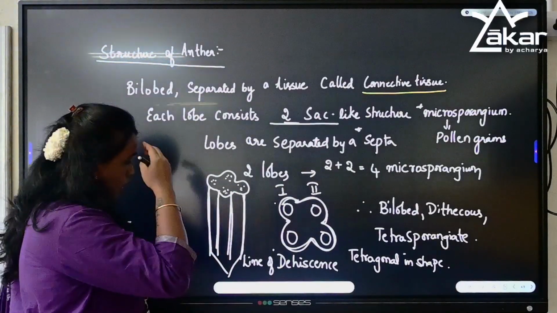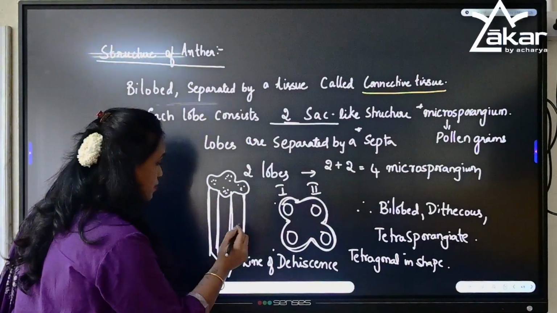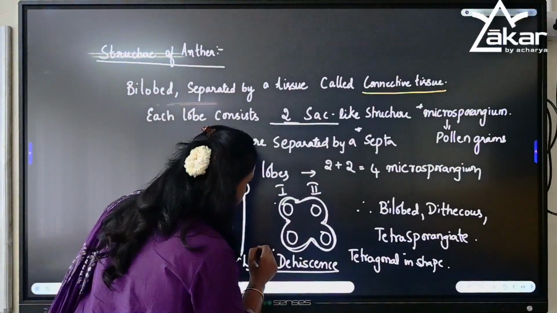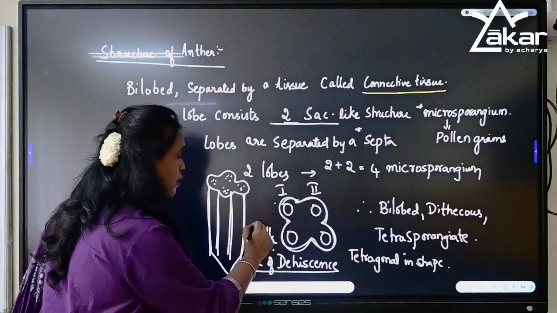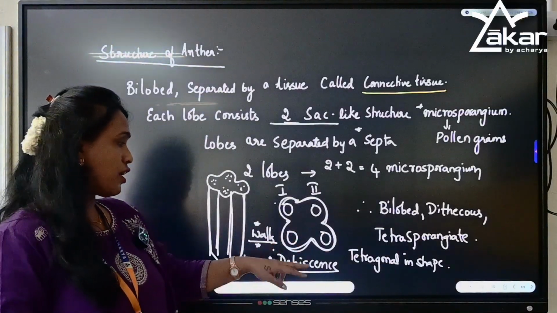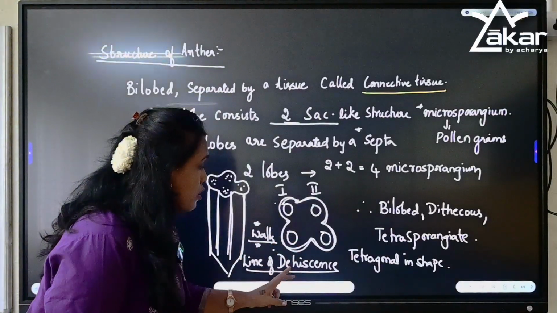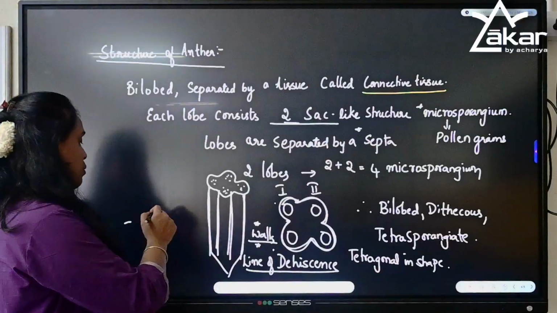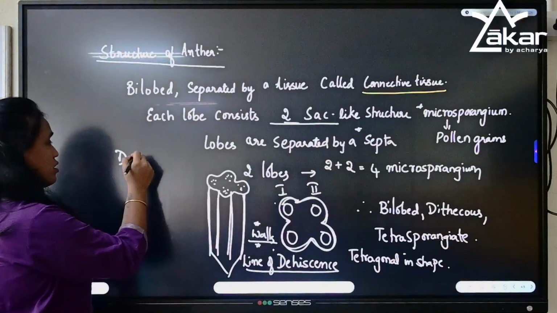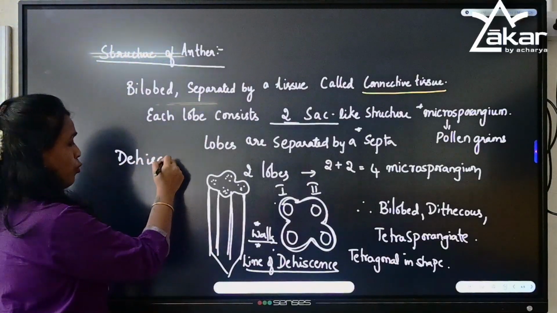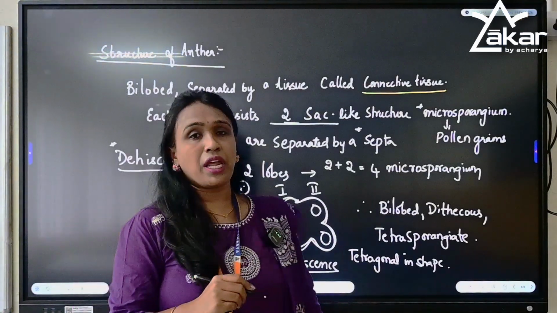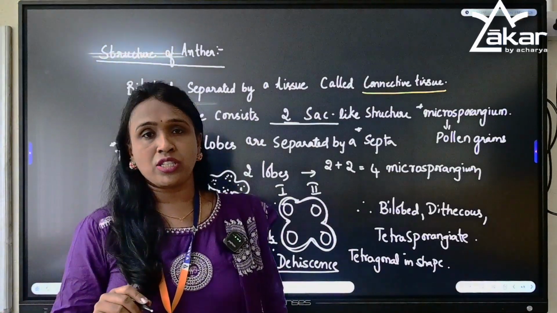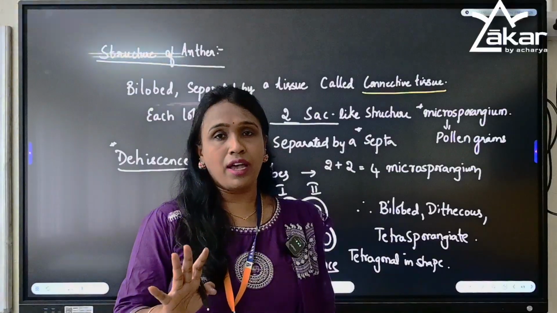So now another aspect of this line of dehiscence: there should be some walls, right? There should be some walls that we are going to study in the next slide. So what is dehiscence, children? If anybody asks you what is dehiscence, how do you explain it? It is the breakage due to dehydration in the walls of the anther.